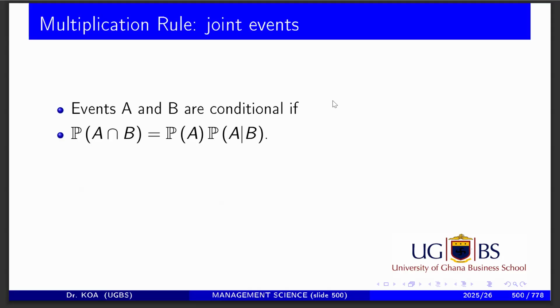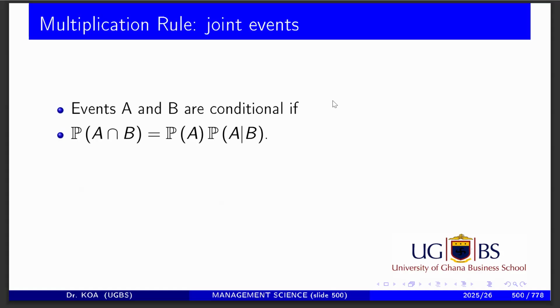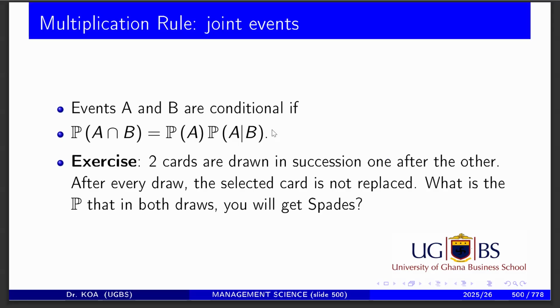So that's it. That one was independent. Now let's look at the situation of dependence, or conditional. The probability of A intersection B is the probability of A multiplied by the probability of A given B. This is conditional because the second one, the probability of A given B, is conditional. Now, let's take another example. These are not my main thing for today, so I'll move slightly faster.